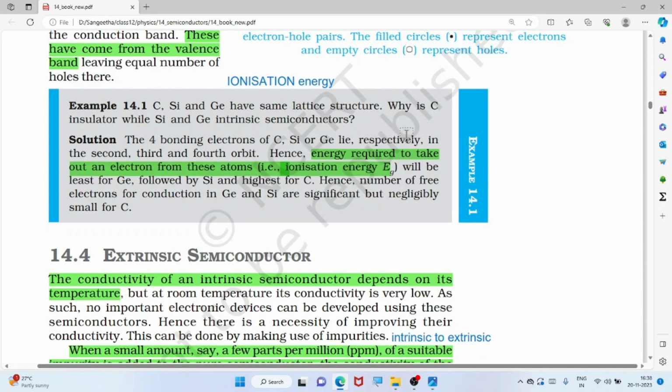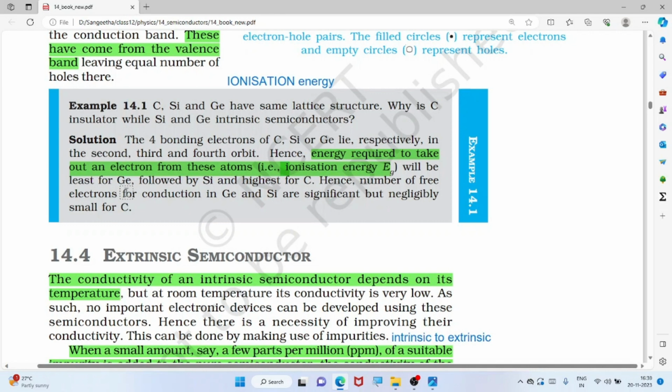They are in different orbits, but they have the same number of valence electrons. The ionization energy required to take out an electron from the atom will be very less for germanium, which is in the fourth orbit.